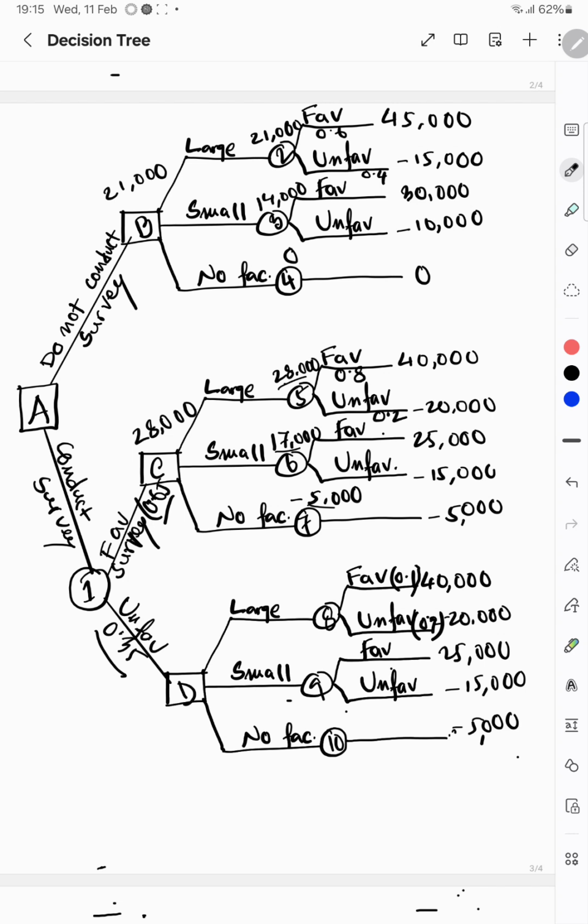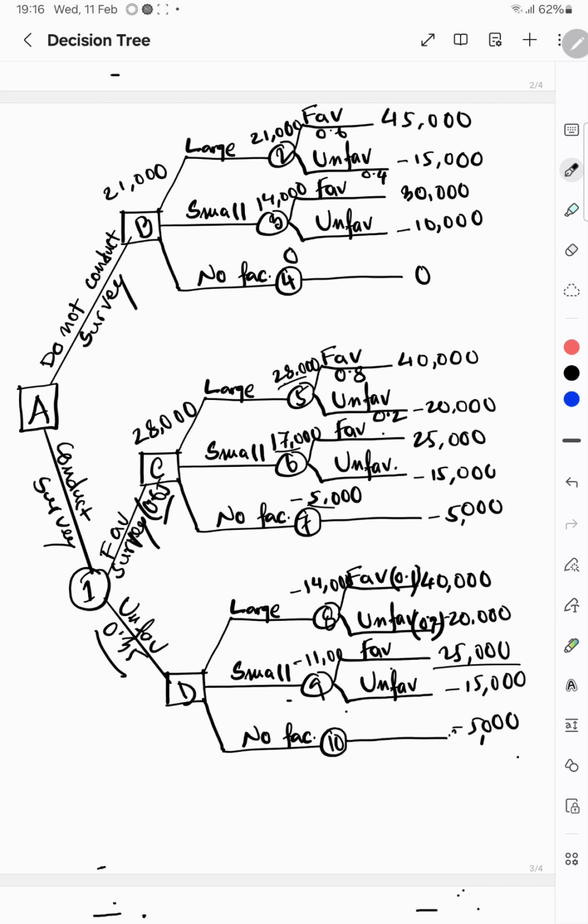And then finally, the last one here, we have to calculate again. 40,000 times 0.1 plus minus 20,000 times 0.9, which gives us minus 14,000. The next one is 25,000 times 0.1 plus minus 15,000 times 0.9. It will give us minus 11,000.